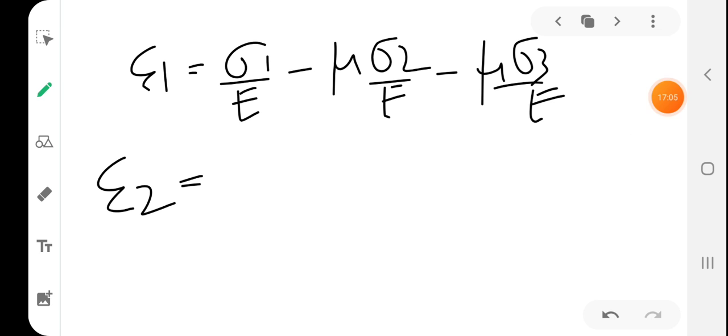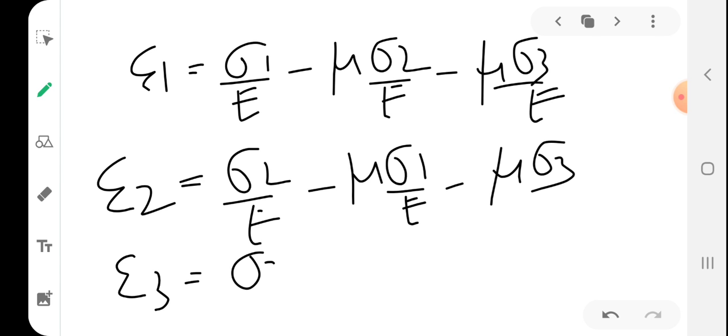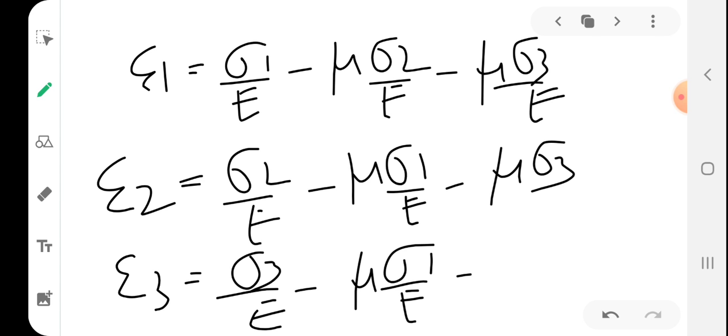And epsilon 2 is sigma 2 by E minus mu sigma 1 by E minus mu sigma 3 by E. Epsilon 3 is sigma 3 by E minus mu sigma 1 by E minus mu sigma 2 by E.